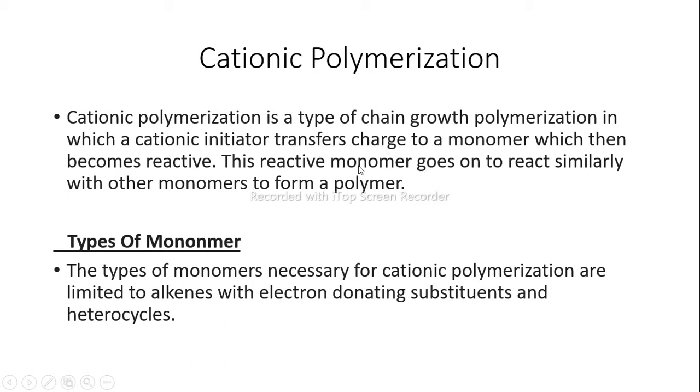One thing to note is that only two types of monomers can be used in this polymerization, which are alkenes and heterocycles. The alkenes must contain an electron donating group so that the carbon can give its electron to the cationic initiator.